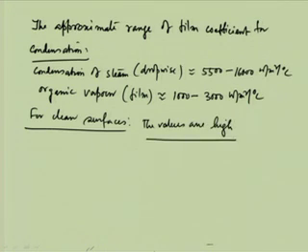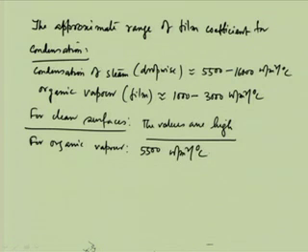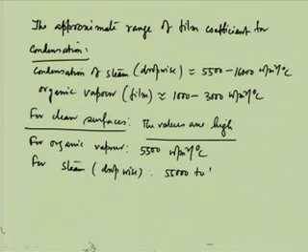Typical values, if we try to see again: for organic vapor, it happens to be as high as 5500 watt per meter square per degree, and for steam, dropwise, it starts from 55,000 to say 450,000 watt per meter square per degree centigrade.